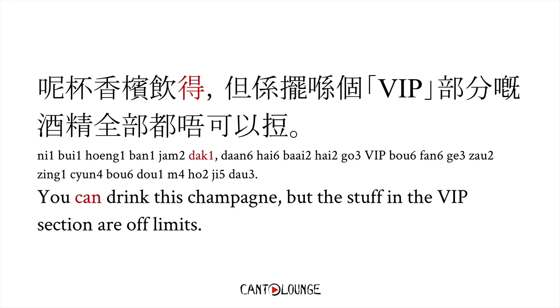So in this example, we have 呢杯香檳飲得，但係擺喺個VIP 個部分嘅酒精全部都唔可以倒。So this champagne can be drunk, but all the alcohol in the VIP section cannot be touched, right? So it's okay to drink this champagne, you are permitted, but stuff in the VIP section is completely off limits.